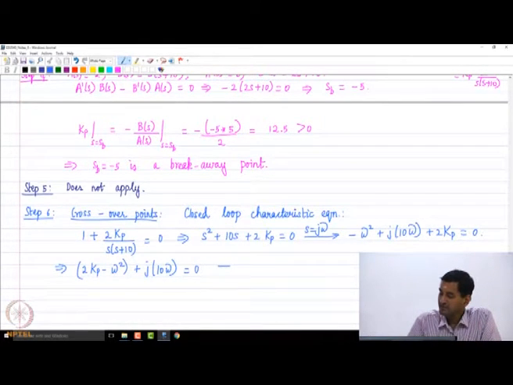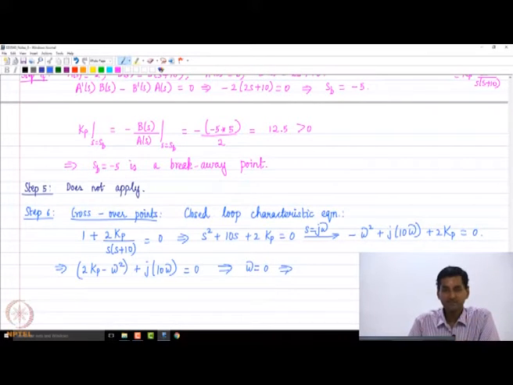This immediately implies that from the imaginary part, omega equal to 0 is the only possibility, that means the origin. But already we know that the open loop pole is at the origin.